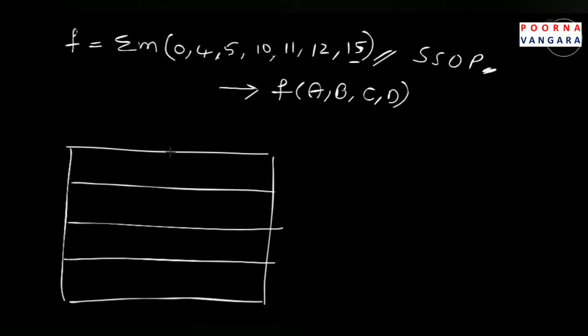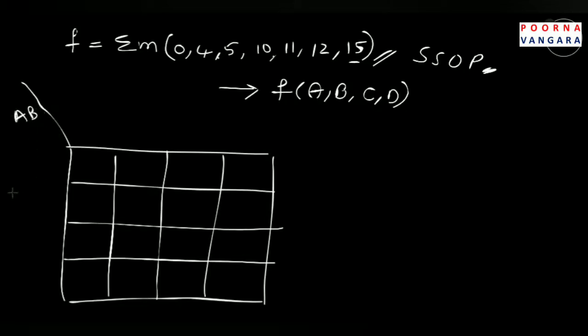Now, 4 columns. So, first divide into 2 parts, then divide the remaining parts, right. This is the 4 variable K map. Let us use a and b variables to indicate these rows, and c d to indicate these columns. You already know all this.